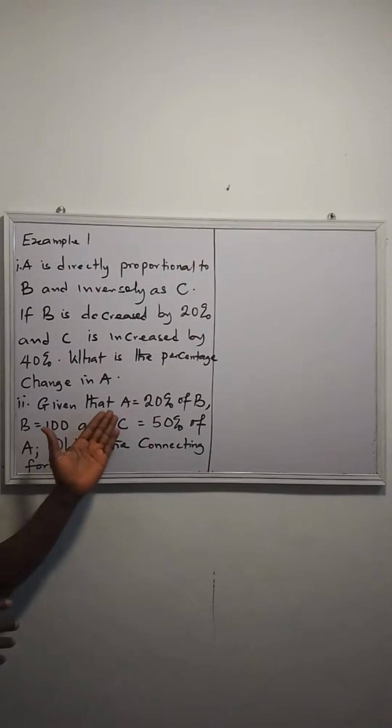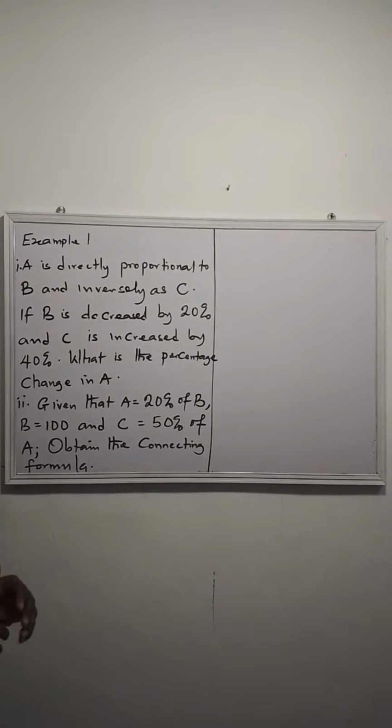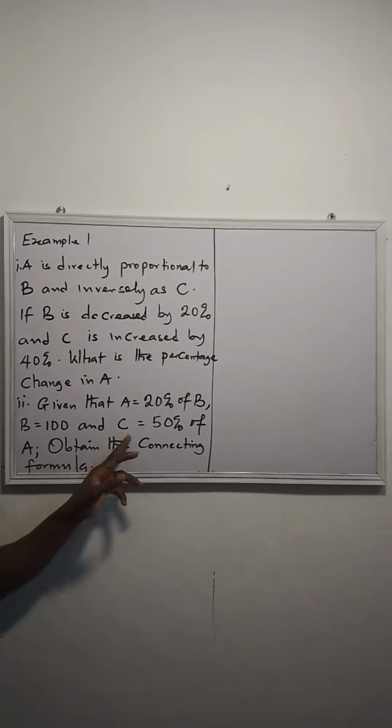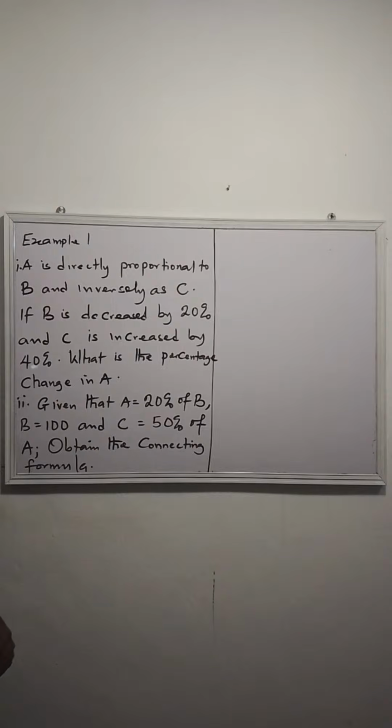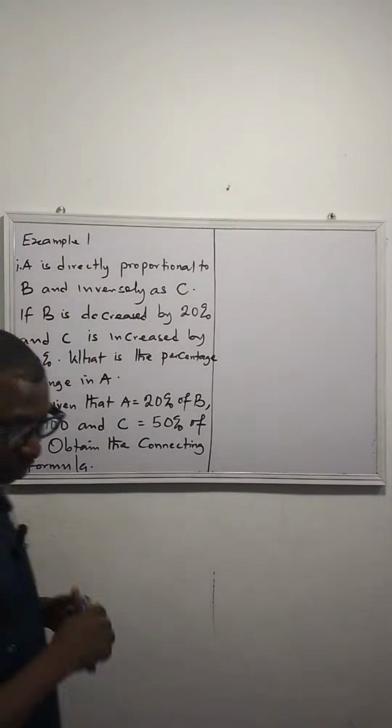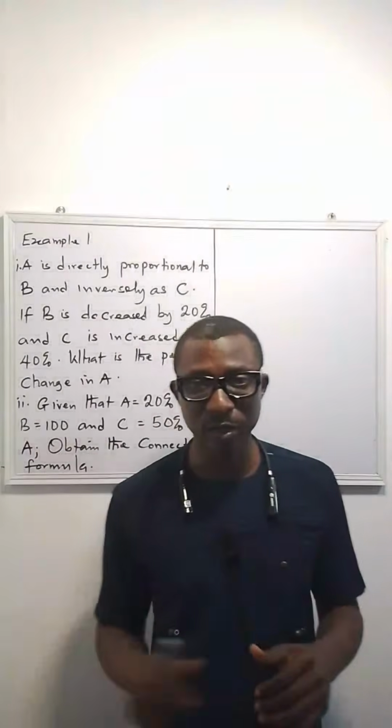Now, given that A equals 20% of B and B is 100 and C is equal to 50% of A, calculate the connecting formula. So you have to obtain the connecting formula.